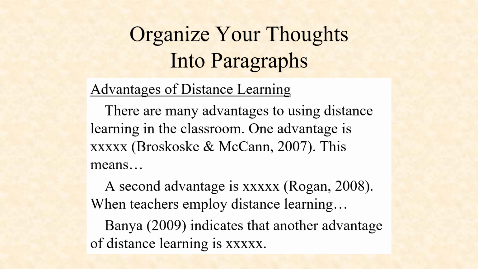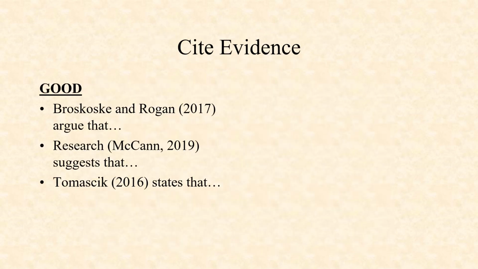So be careful that you don't come out saying, I think that distance learning is very good because I've experienced it. Well, that's not evidence. In a research paper, we need to be backing things up and supporting it with evidence. As you're citing evidence, you'll be saying things like Broskowski and Rogan argue, research suggests, Tomasic states, and notice there's an article listed for each one of these.